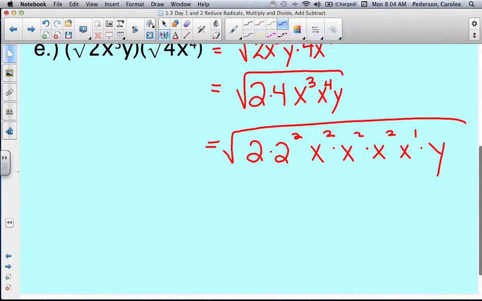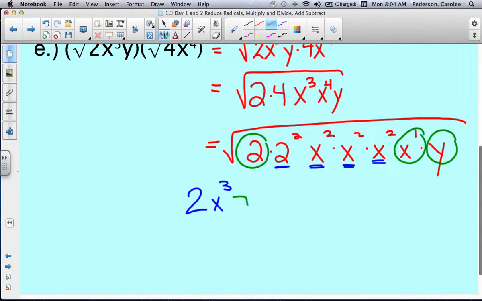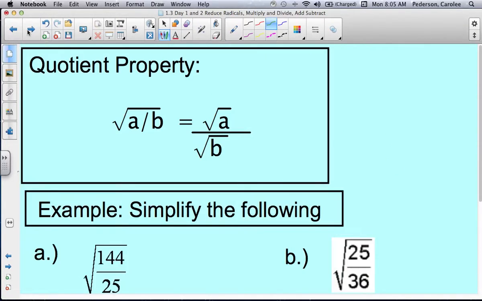So what's going to go out in front is a 2, an x, 2x times x times x is x cubed. What's left over is my 2, my x, and my y. I'm going to stop the recording there and we'll go to part 2.